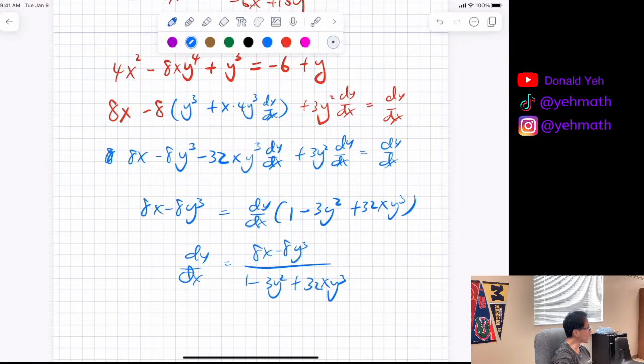If it's completely backwards, then that's good, because that means you have the same answer. You can get negative 8x plus 8y cubed. You can have negative 32xy cubed plus 3y squared minus 1.